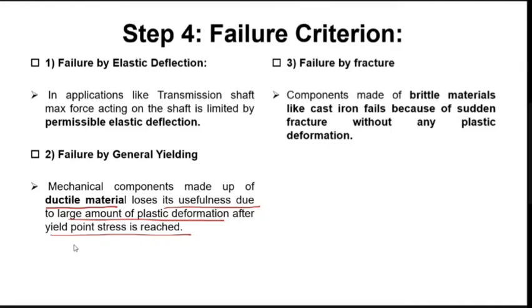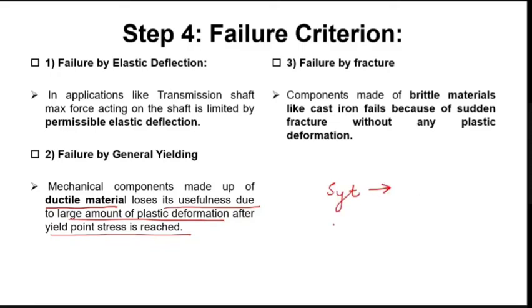Let us say a brittle material, cast iron, any component made up of cast iron, as I said, the flywheel, or maybe a gearbox housing or engine housing. The failure is due to fracture. So you have to design it on the basis of the ultimate tensile strength, right? Whether you are designing on the basis of ultimate tensile strength or yield strength, you will normally see them denoted as SYT and SUT.